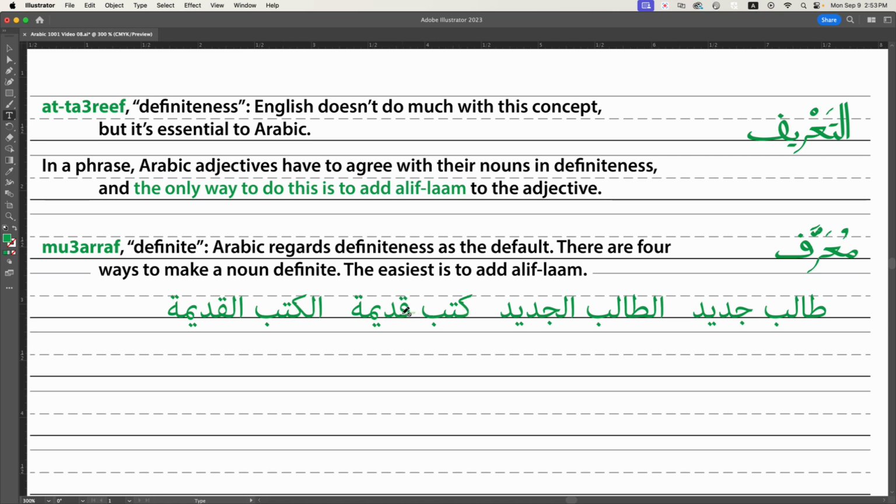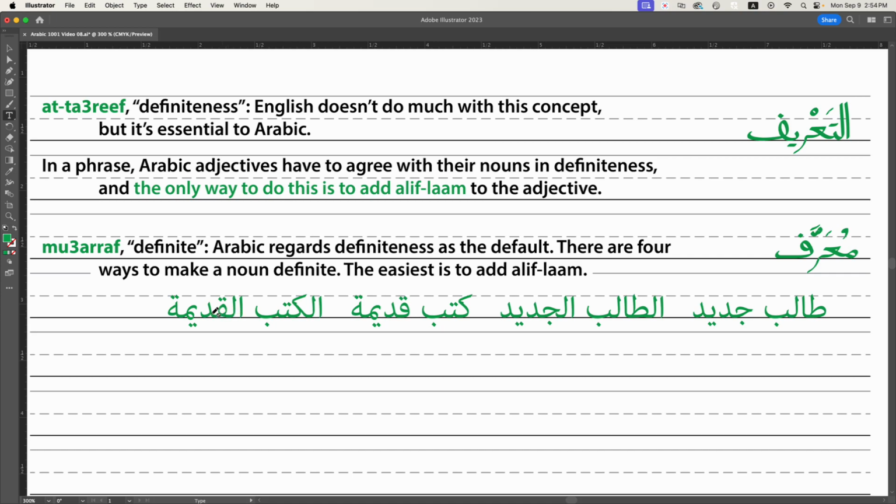Kutub qadima. Kutub is books, and because it's non-human plural, as we learned in the last video, it's feminine singular. So we add ta marbuta to the adjective, but this is indefinite, just books, not the books. So kutub qadima means old books, but al-kutub is the books, and so we have to add alif lam to qadima as well.